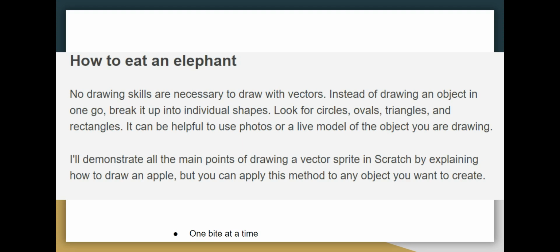And every time we give you a set of instructions, you're going to stop the video, you're going to go into your Scratch project, and you're going to try out what you were told to do. By the end of this video, you will have your first vector graphic, and then you'll be able to experiment and create some more. We're also going to put up some examples of vector graphics that other students just like you made.